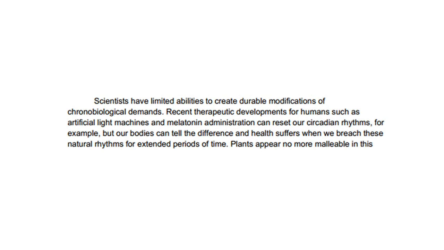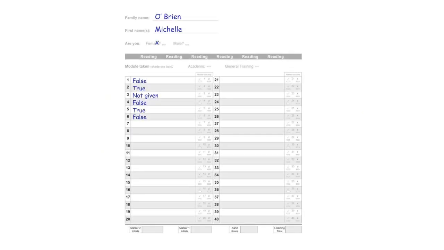Recent therapeutical developments for humans, such as artificial light machines and melatonin administration, can reset our circadian rhythms, for example, but our bodies can tell the difference, and health suffers when we breach these natural rhythms for extended periods of time. So we can see from reading this section that statement 6 is false. So quickly go to your answer sheet and write false for the sixth answer.